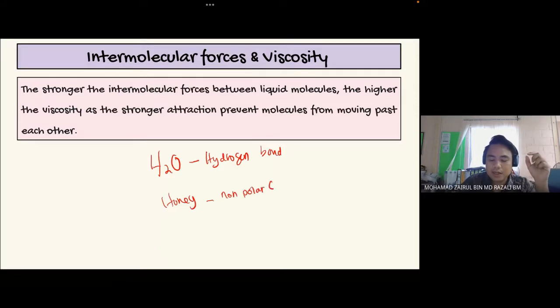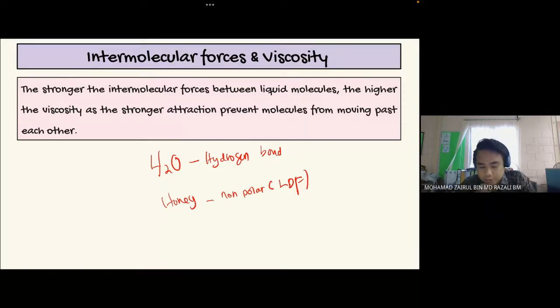Non-polar maknanya dia ada London dispersion forces. Okay, kalau kita belajar hari tu, hydrogen bond is stronger compared to London dispersion forces. So awak akan expect the viscosity of the water should be greater than the viscosity of honey. Okay, tapi sebenarnya honey ni lagi viscous.